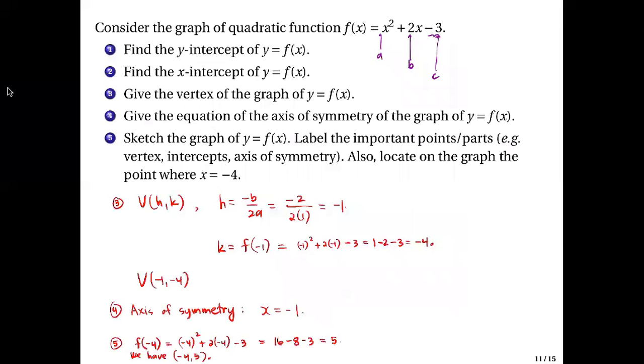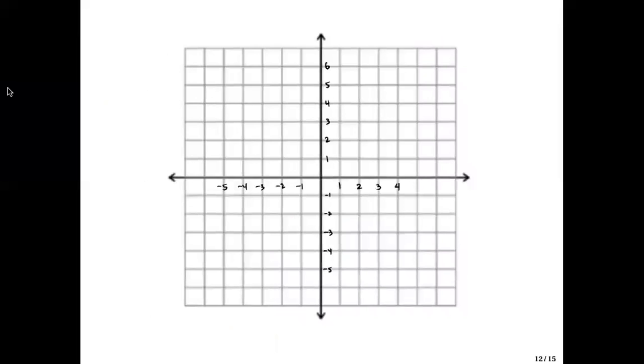Let's start with the vertex. The vertex is at negative 1, comma negative 4. So negative 1, comma negative 4, it's on this part. This is the vertex V. And then the axis of symmetry is the line x equals negative 1.